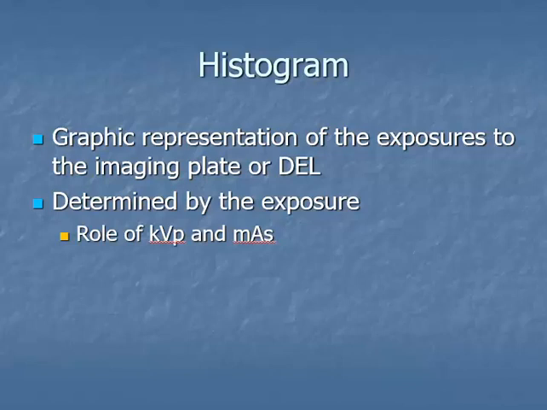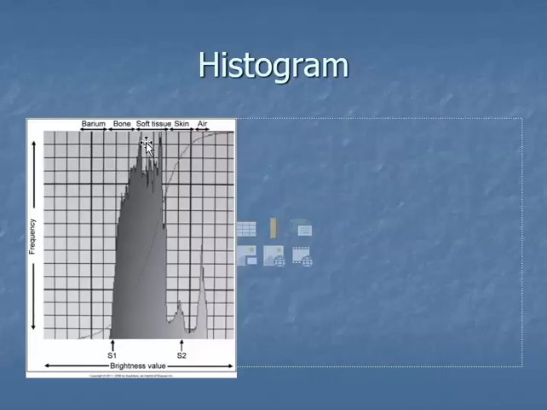The higher the kVp, the more penetration you get, and the quicker the image receptor will receive enough radiation to make a logical image. With mAs, it's just a numbers thing. If you double your mAs, you double the image receptor exposure.